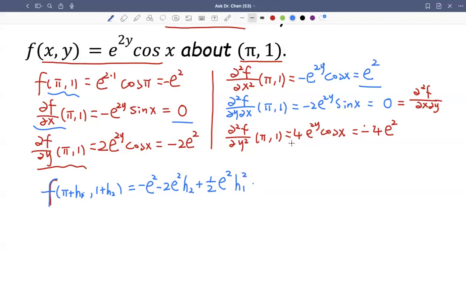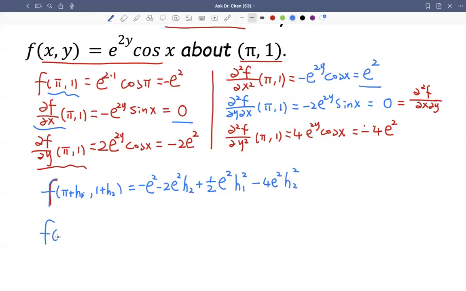Now, the mixed partial is just 0, so we don't get mixed partials. Then plus negative, which is minus 4e squared, the second derivative in the y direction, times h2 squared. And that's it. So that's one way we can write this.